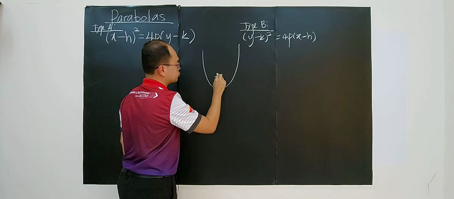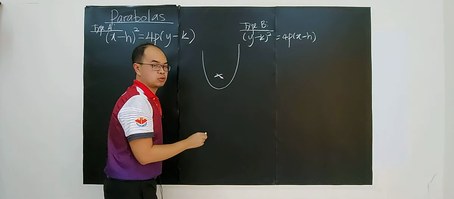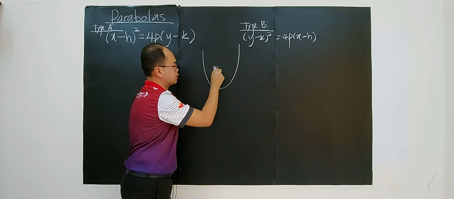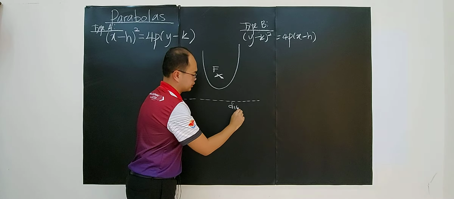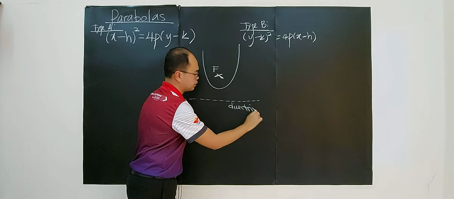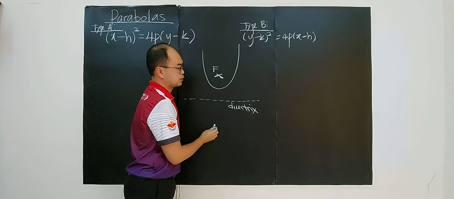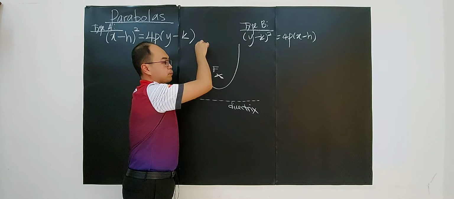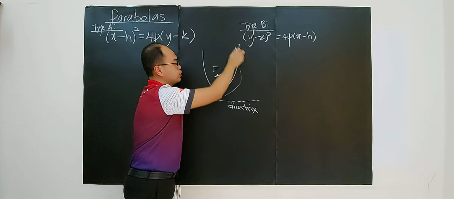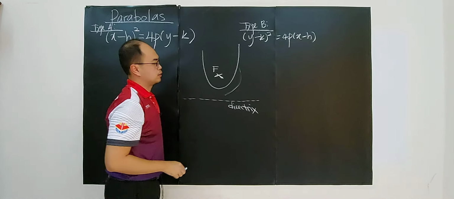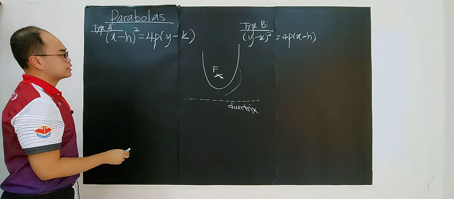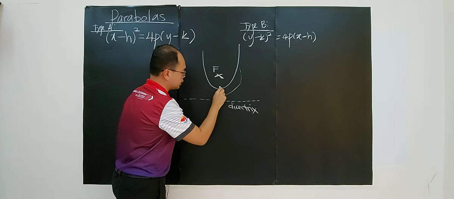Previously I said the main important things you must know about a parabola are the focus and the directrix. Later I will go into detail about the directrix and the focus, and the shape of the parabola, either open upwards or open downwards, and the focus is always inside the parabola.